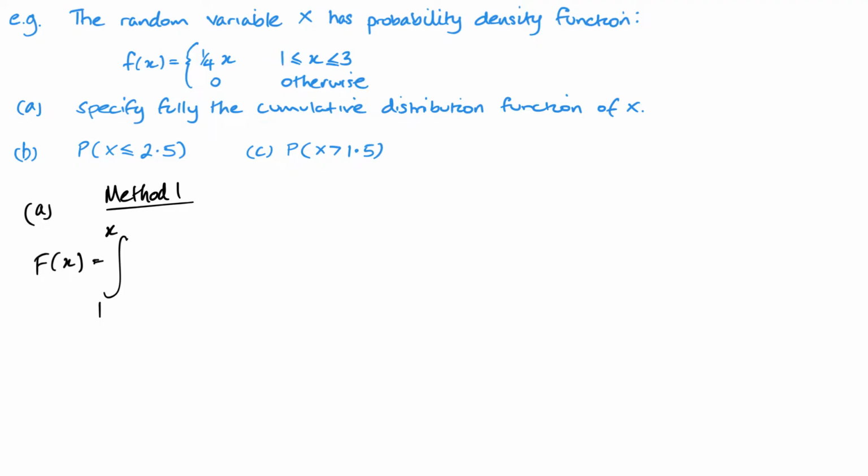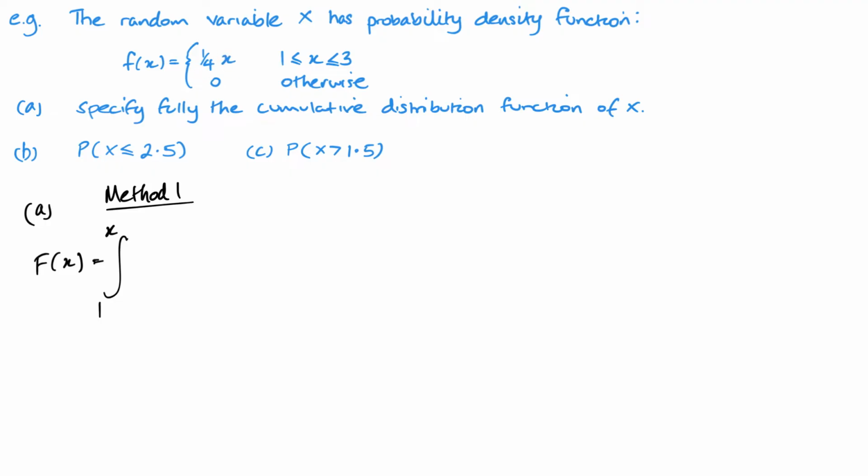So rather than integrating between 1 and 3, because 1 and 3 should just give me 1, won't it? Think about it. Total area under the graph is 1. So it's 1 and some value between them. That's what I'm doing. And then what I do is I write down exactly what I see here.